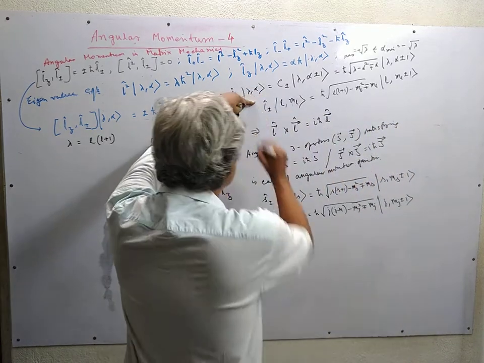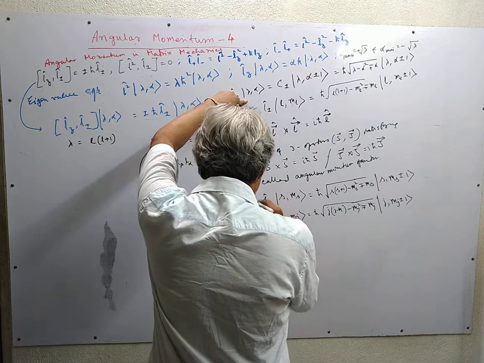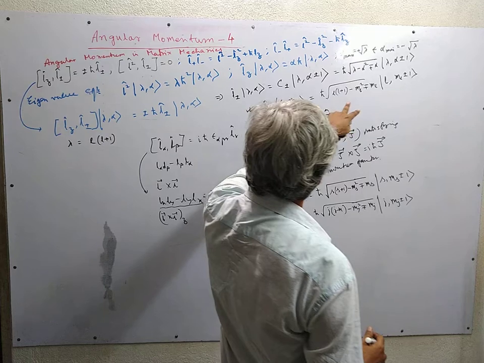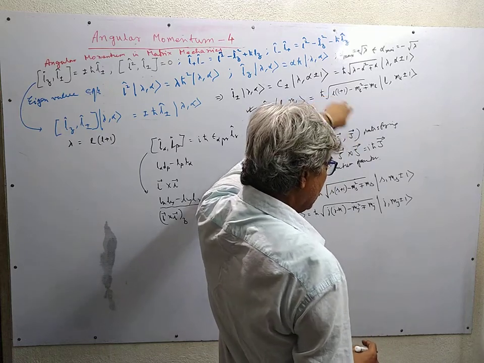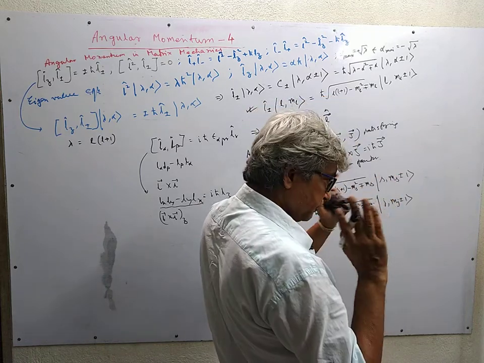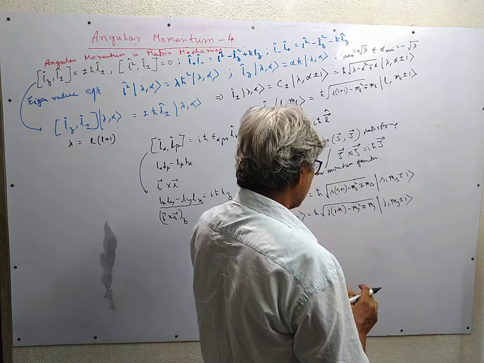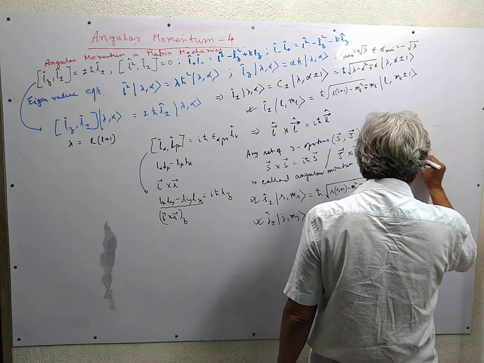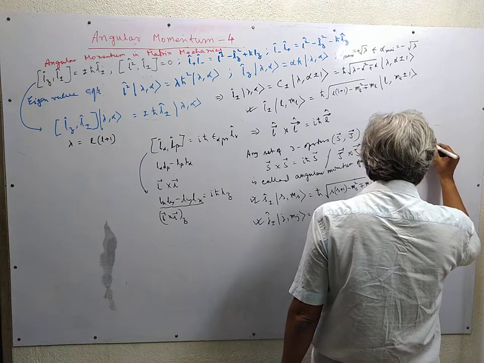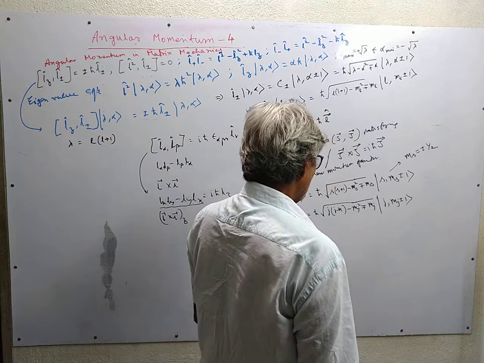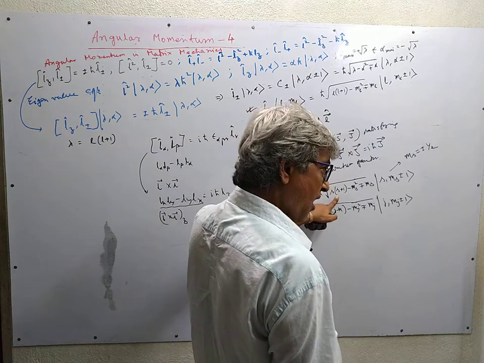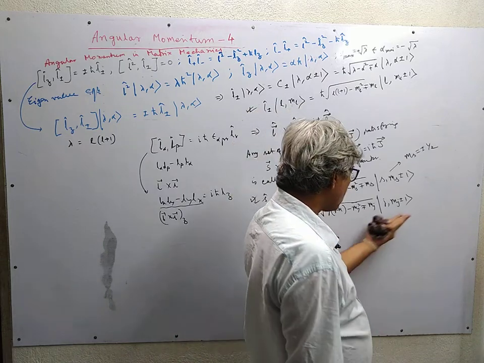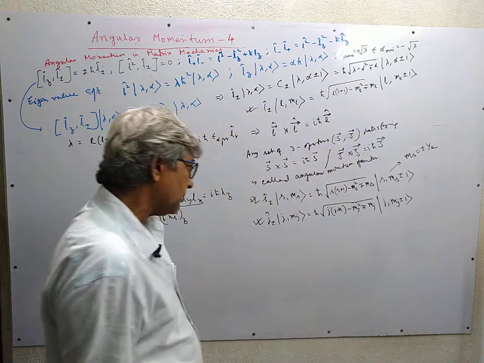So if we consider this relation and this relation, we see that for orbital angular momentum, L is an integer. For spin of a fermionic system, for electron spin, m_S is equal to plus minus half. This is guided by the experiment.